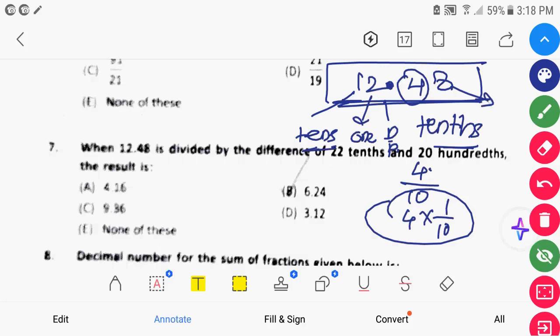This position is the hundredths position. This one means 8 upon 100, or 8 multiplied by 1 upon 100. And up to the thousandths position you learned, meaning if some number is here, then it is 1 upon 1000.